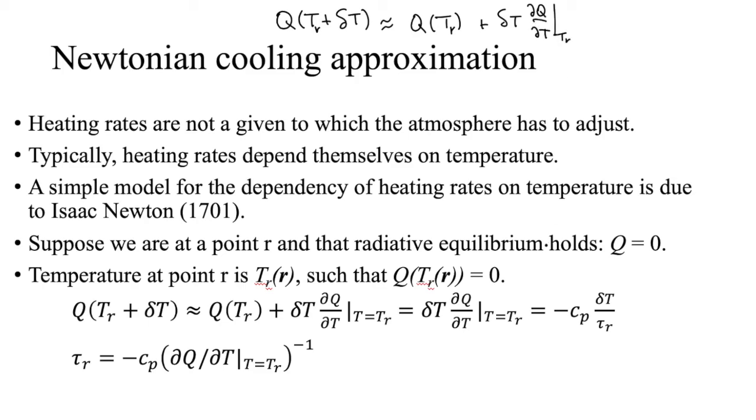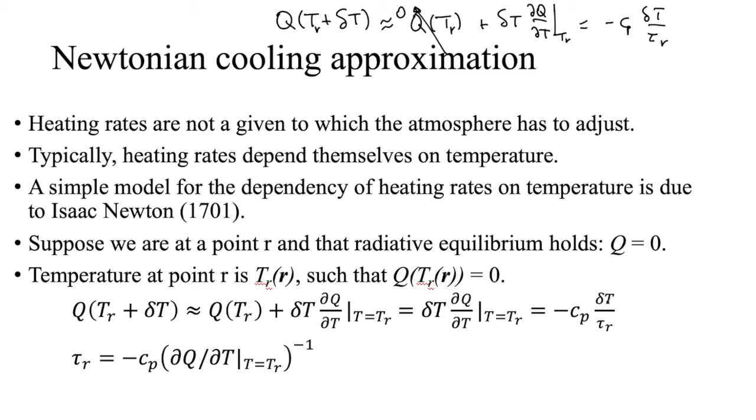But Q at T_R is the equilibrium, so by definition this is 0, and you're left with this term. This can be rewritten in terms of the heat capacity times the temperature deviation over some time scale, and the time scale can be computed in terms of dQ/dT. So suppose that you heat up a little bit and deviate away from this perfect equilibrium.